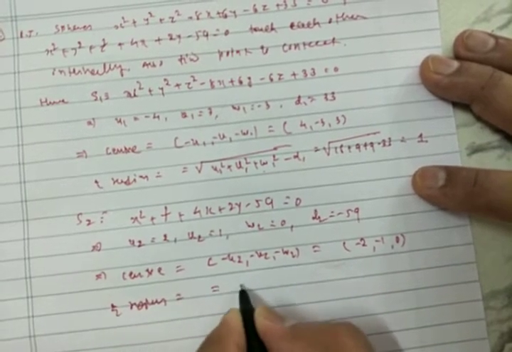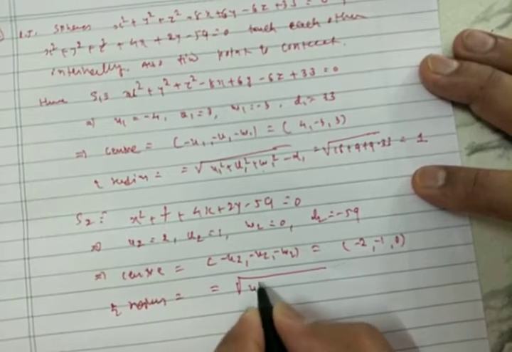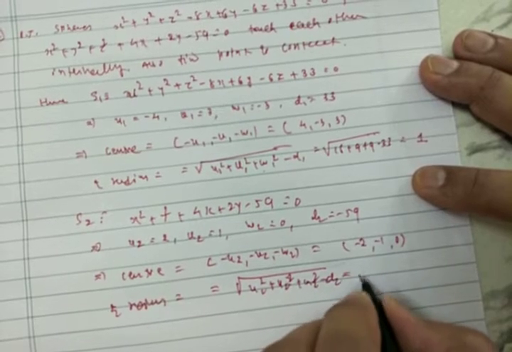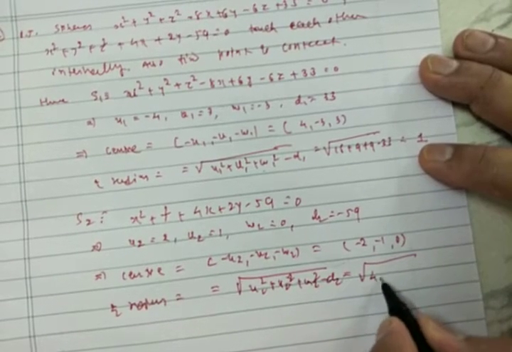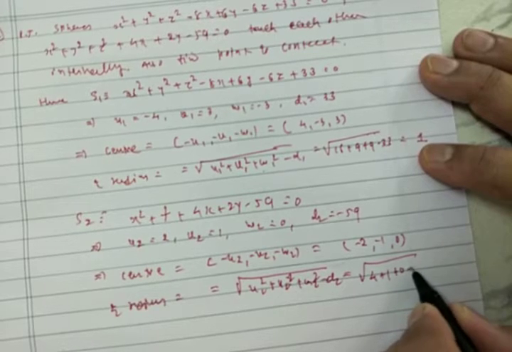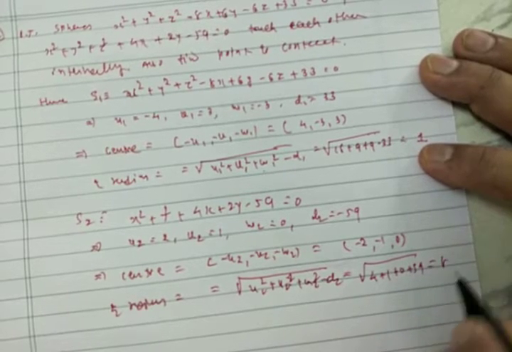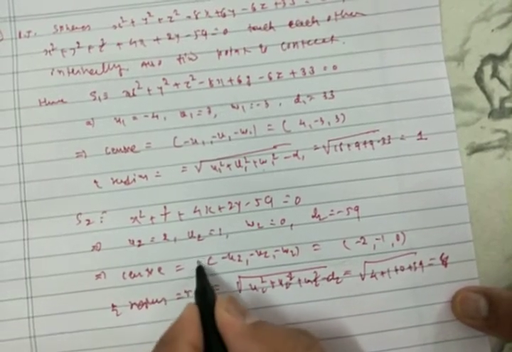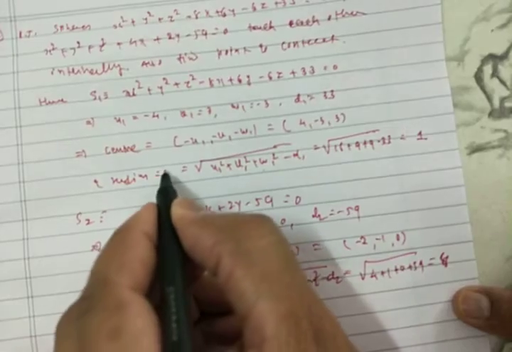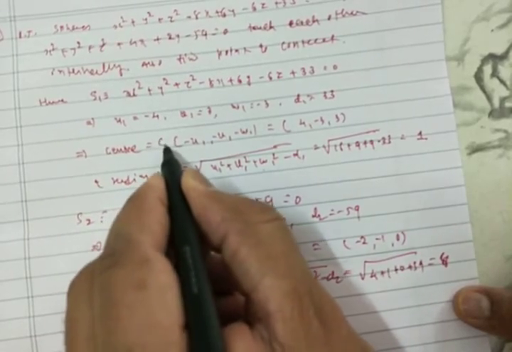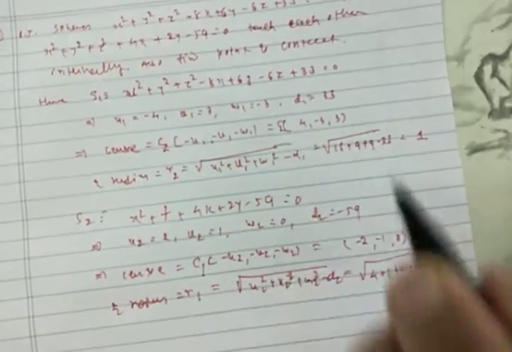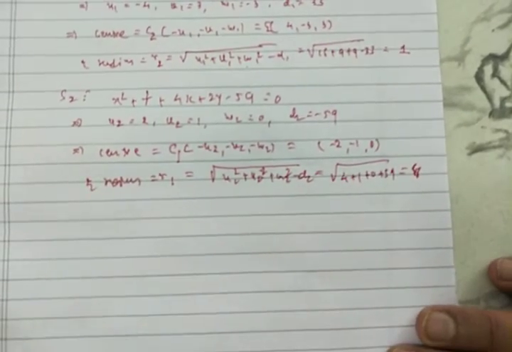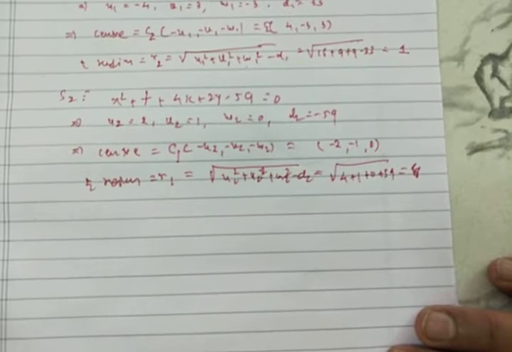And radius is the square root of u2 square plus v2 square plus w2 square minus d2, 4 plus 1 plus 0 plus 59, 64, that is 8. Now the bigger radius we call R1 with center C1, and the smaller radius we call R2 with center C2. When touching internally, the bigger radius is always R1 with center C1.